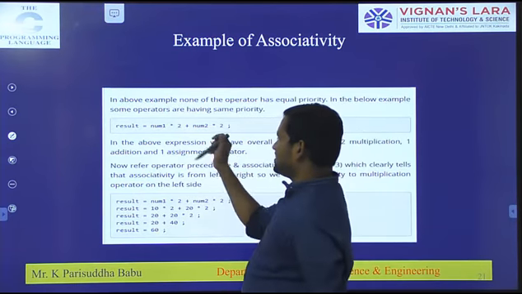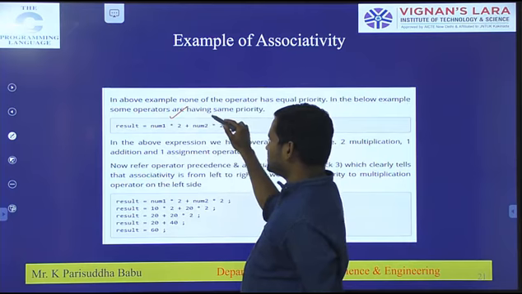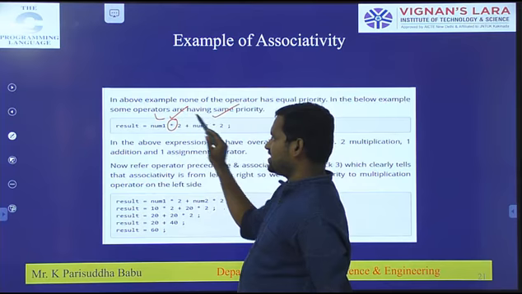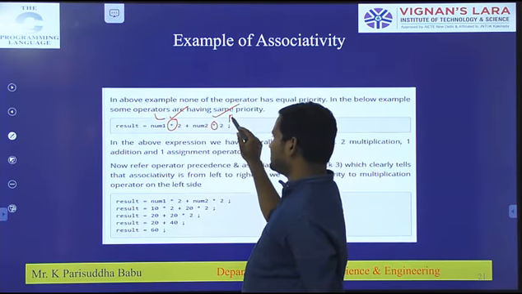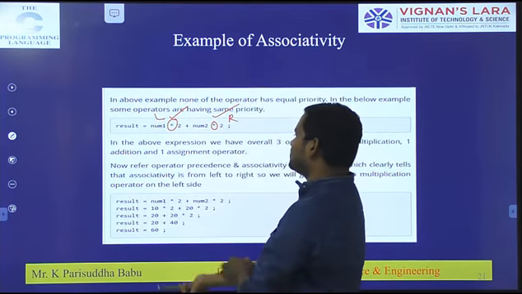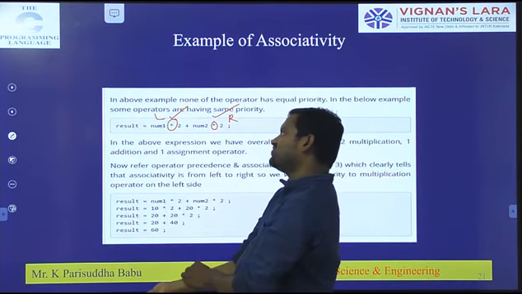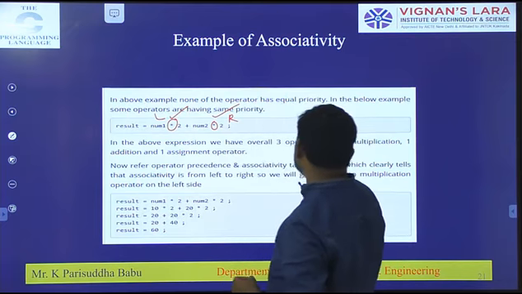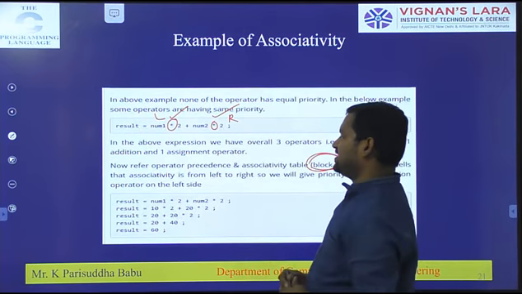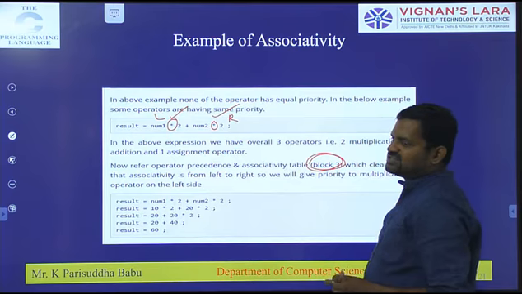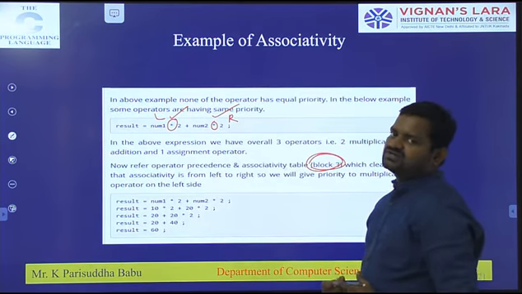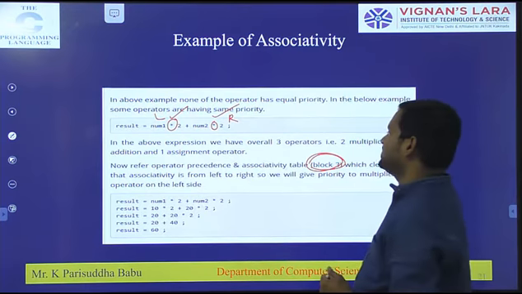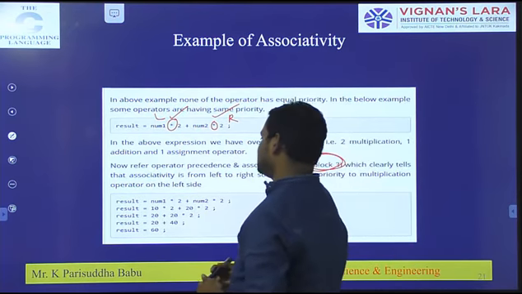Which evaluates first, num2 into 2 or num1 into 2? If an expression contains operators of the same precedence, then we follow associativity rules.